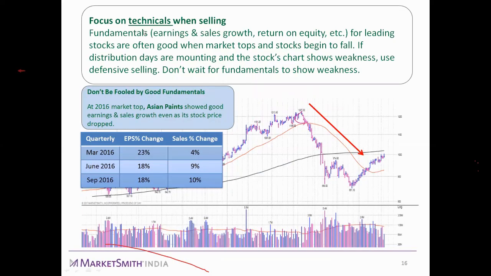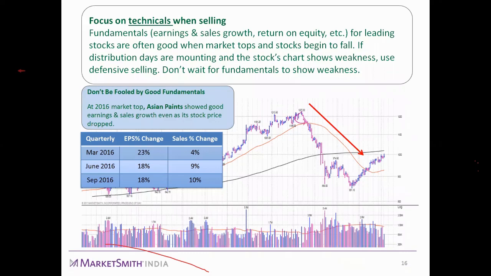As we always mention, when shortlisting the stock, fundamentals are very important. It's like 80% fundamentals. But when buying and selling the stock, the buying point and selling point will be based on technicals.